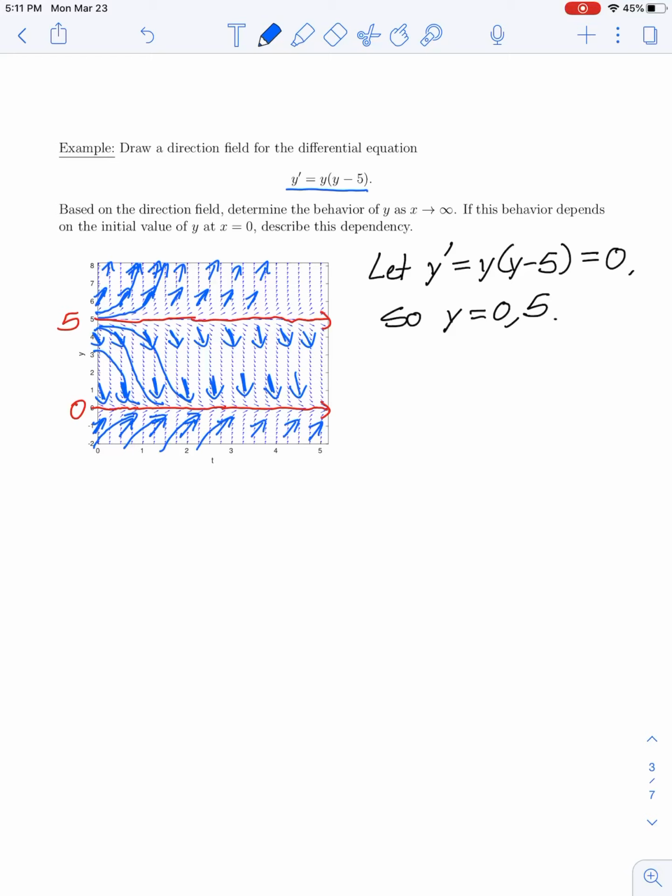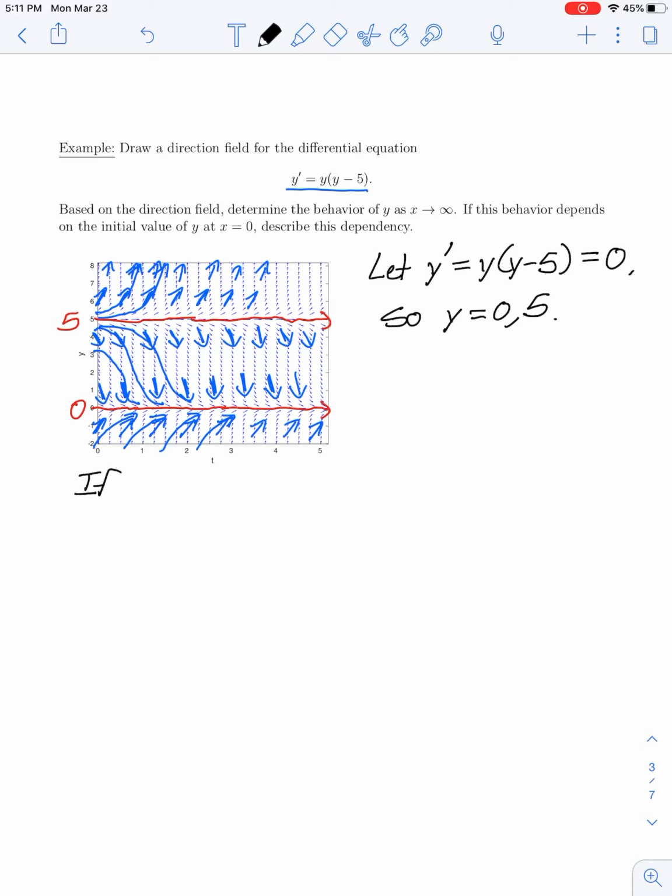And again, as y moves towards 0, y prime gets smaller, and it looks like our curves are closing in on 0. So let's see if we can describe this limiting behavior of our solutions based on this direction field. We see that there's a split in limiting behavior that's occurring at 5.